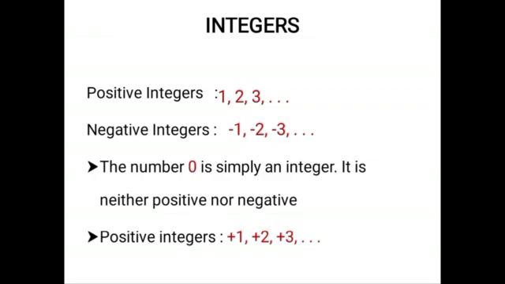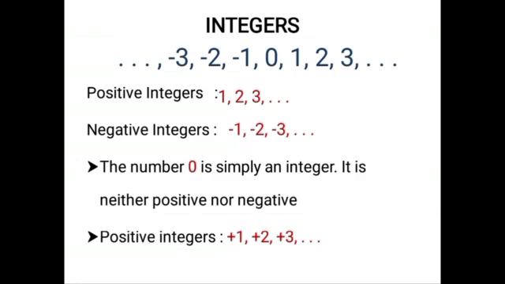The number 0 is simply an integer. It is neither positive nor negative in sign. Positive integers are also written as +1, +2, +3. However, the plus sign is usually omitted and understood. So 0, 1, 2, 3 and so on, and on the left side -1, -2, -3 and so on are all known as integers.